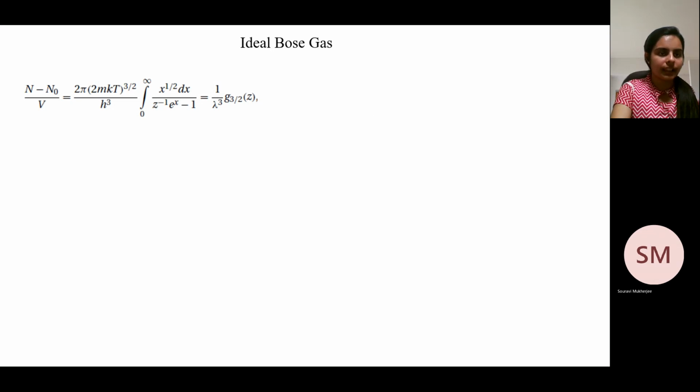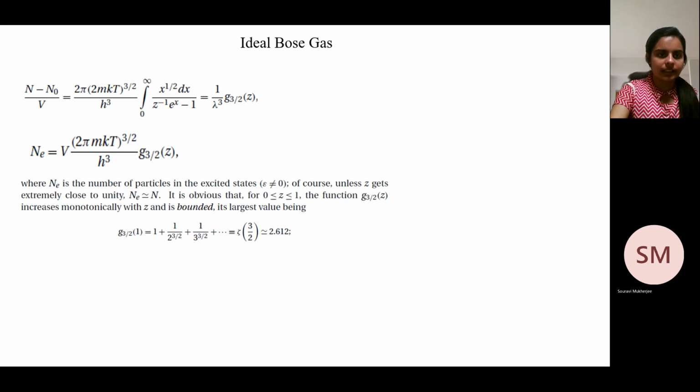If you define that as N subscript E, then you can write N E by V equal to 1 by lambda cubed g 3 by 2 of z, right? Here they have written explicitly the expression for the mean thermal wavelength.